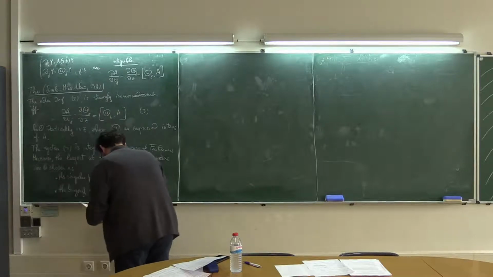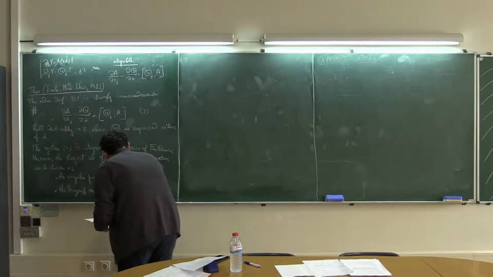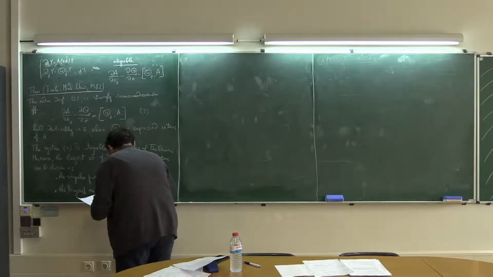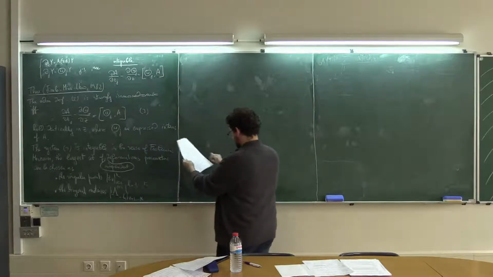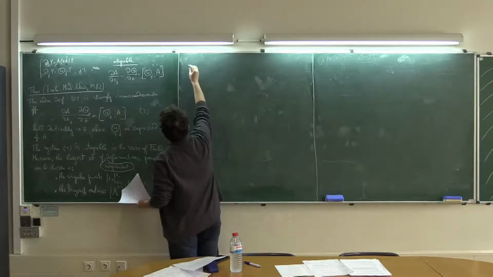irregular singularities. So mu runs from 1 to k. I mean, we also include singularities, and h equals 1 to r_nu.